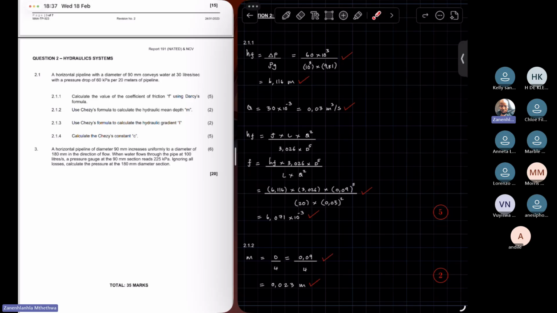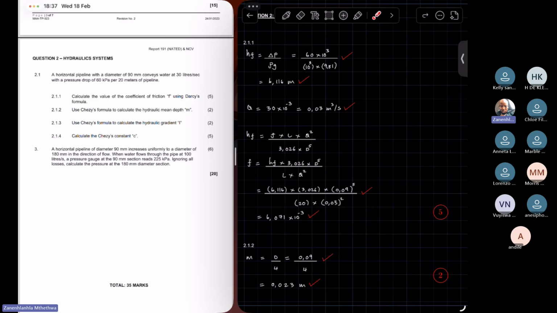The way you convert from liters to cubic meters is by dividing by 1,000. So the per second is correct. We just need to convert the liters into cubic meters, and again, the way you do that is by dividing by 1,000.